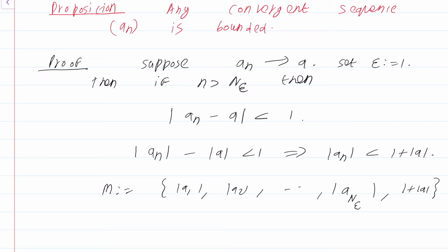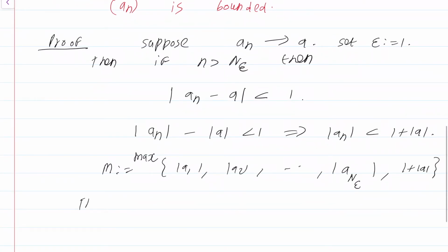You take the maximum of the absolute value of the first term, the second term, the third term, all the way up to the a_n_epsilon-th term, and then you just put 1 plus mod A, because anyway mod a_n is going to be less than 1 plus mod A. Then clearly mod a_n is less than M for all n in the natural numbers. That's how this capital M has been constructed, and we are done with the proof.